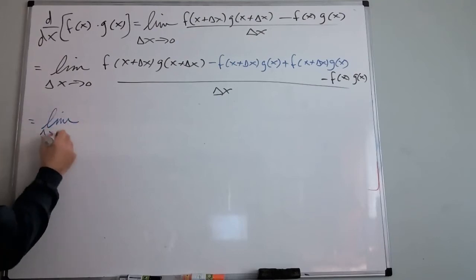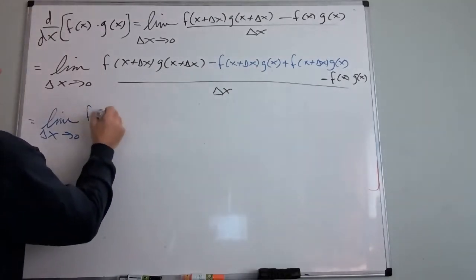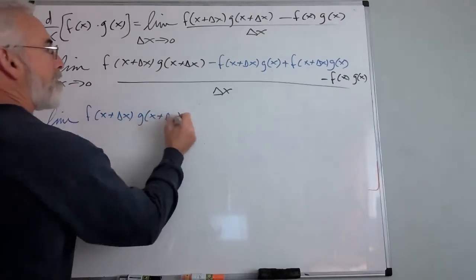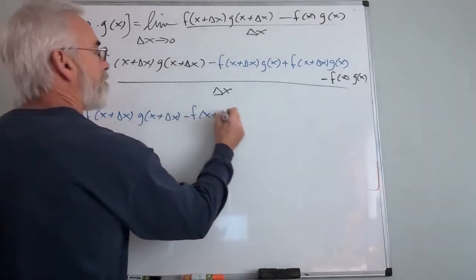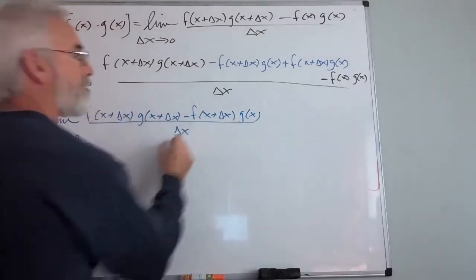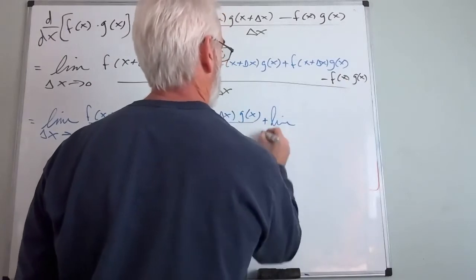I'm going to have the limit as delta x goes to 0 of this piece plus this piece.